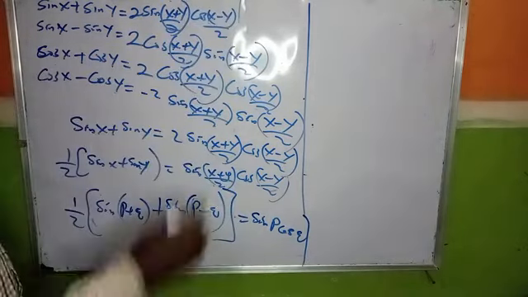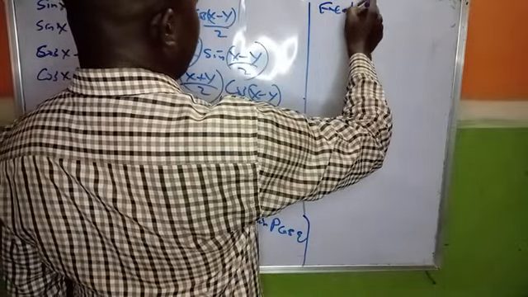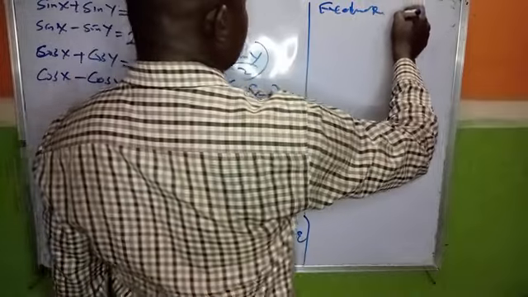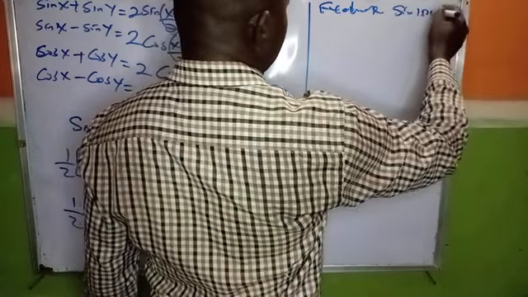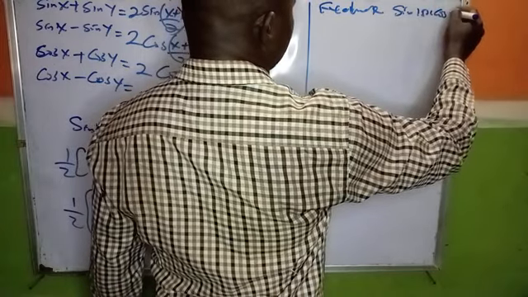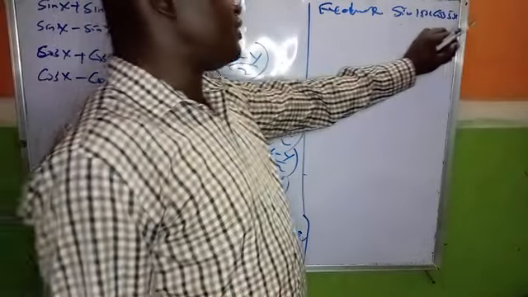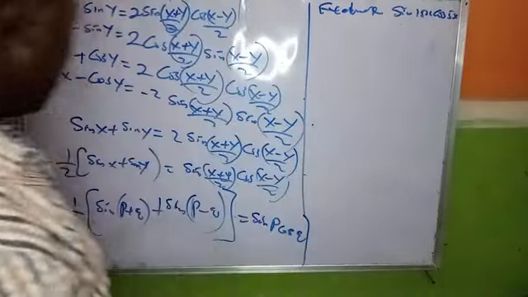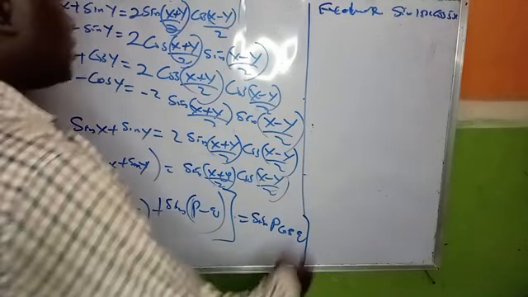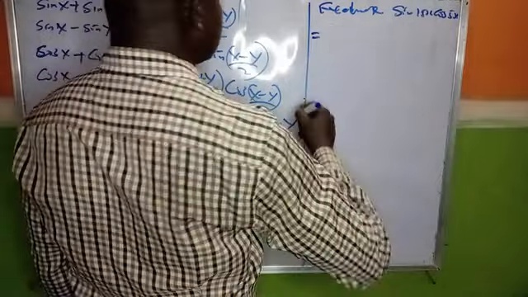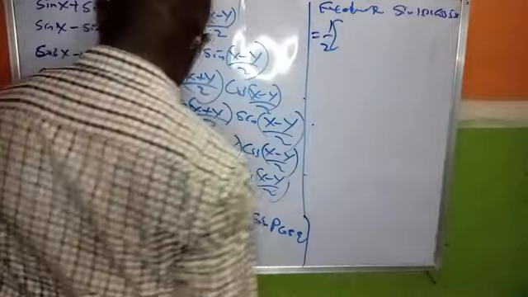So, for instance, if they give you something like this to evaluate, sine 15x cos 5x, if they ask you to evaluate this, what you are going to do is this. You have the formula. So your answer will simply be this. So you have it as half. So here is sine.